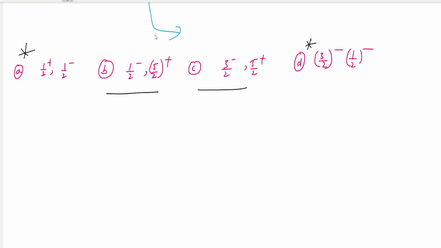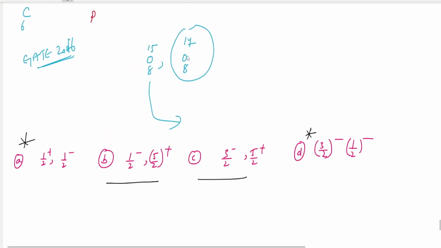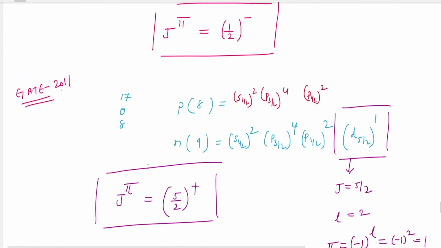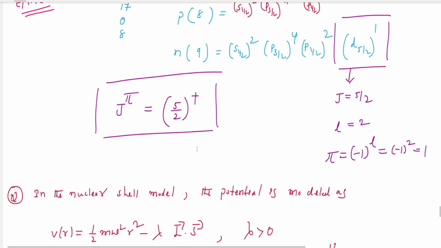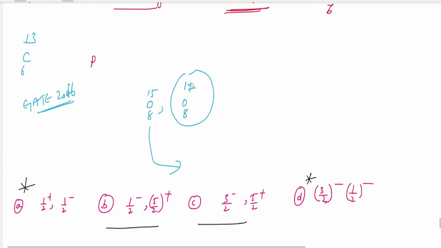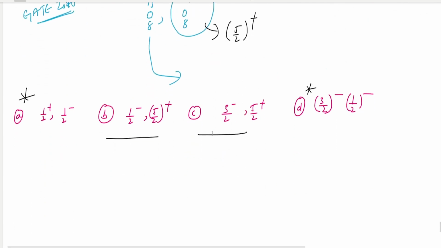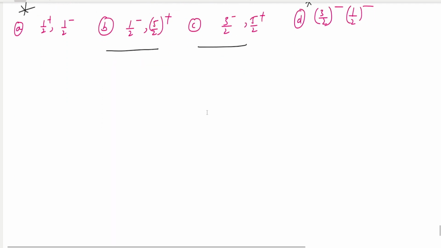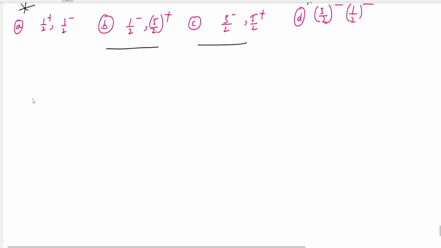So we already know this oxygen 17 spin and parity value. This was just 5 divided by 2 plus. Okay, this answer is 5 divided by 2, parity is plus. So we need to find this one: oxygen 15, right?